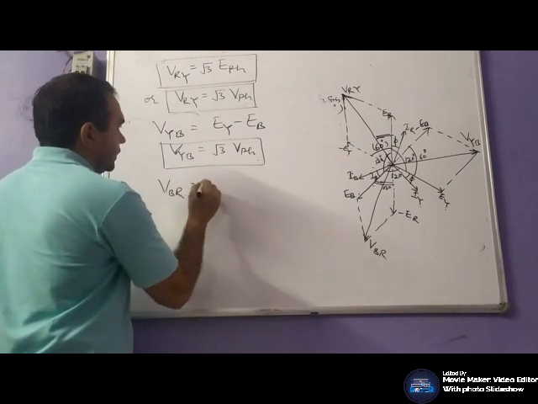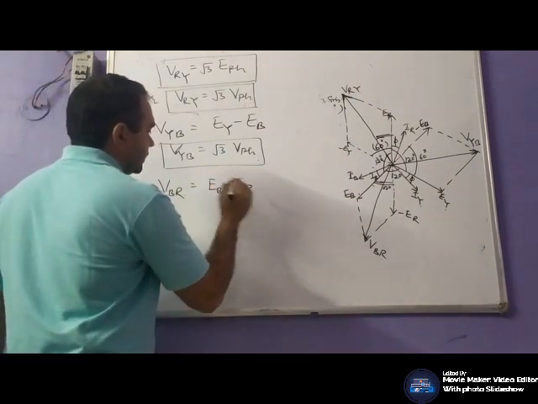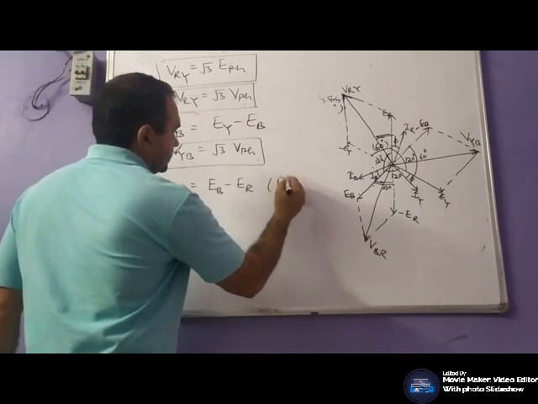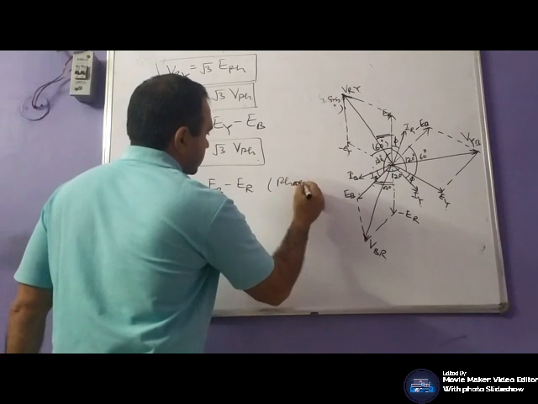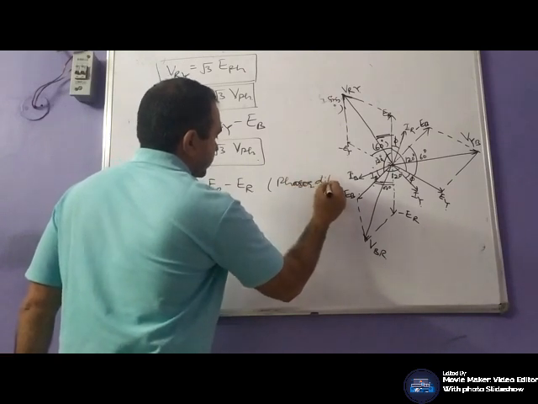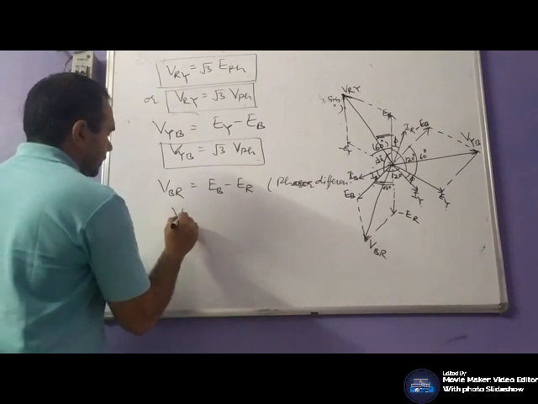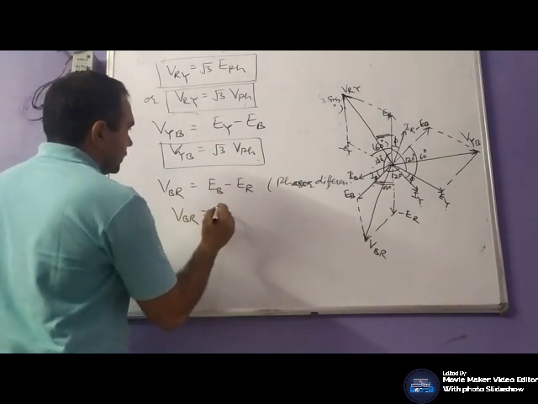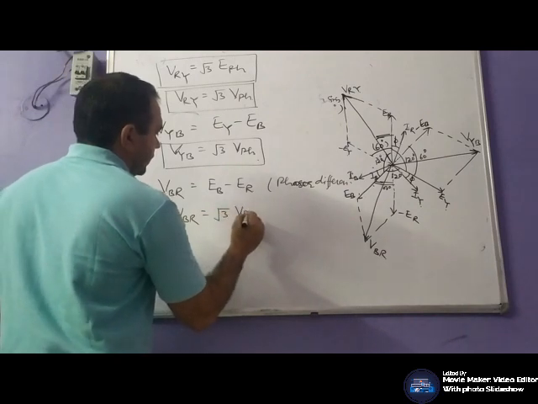VBR is EB minus ER, the phasor difference. And this will be root 3 of V phase.